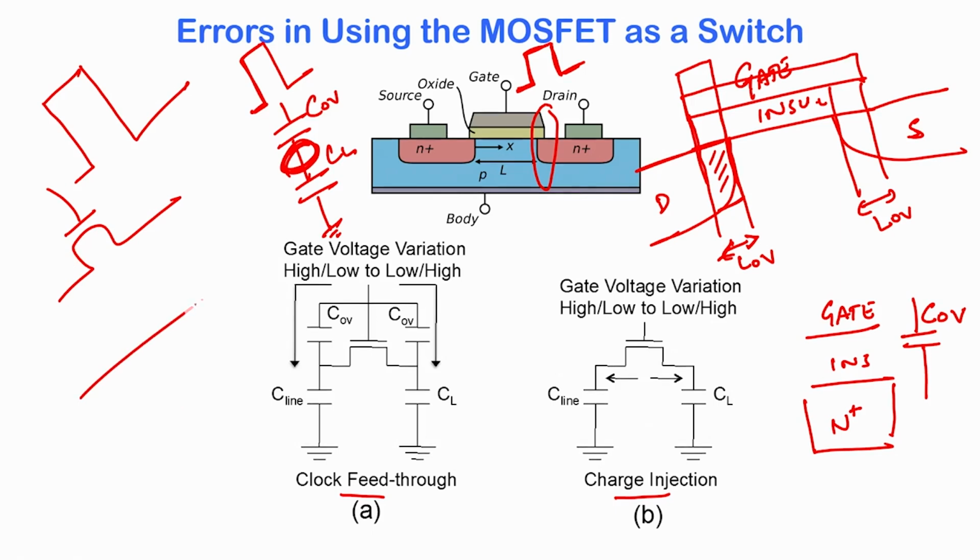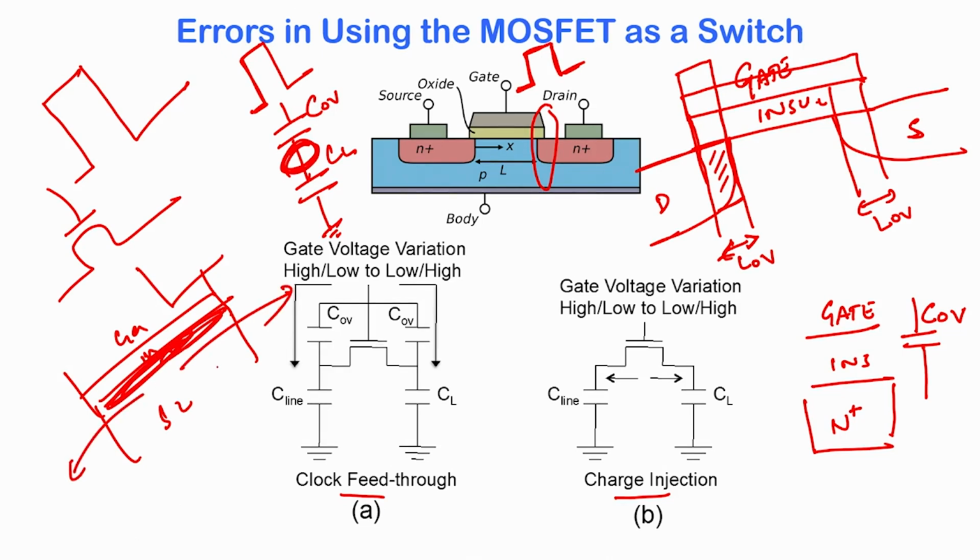So, you have the gate, insulator, semiconductor, and a lot of inversion layer charge sitting here, and the moment the gate switches off, this charge has to leave this place. Where does it go back to? It goes back to the source and drain electrodes. There is nowhere else for this charge to go.